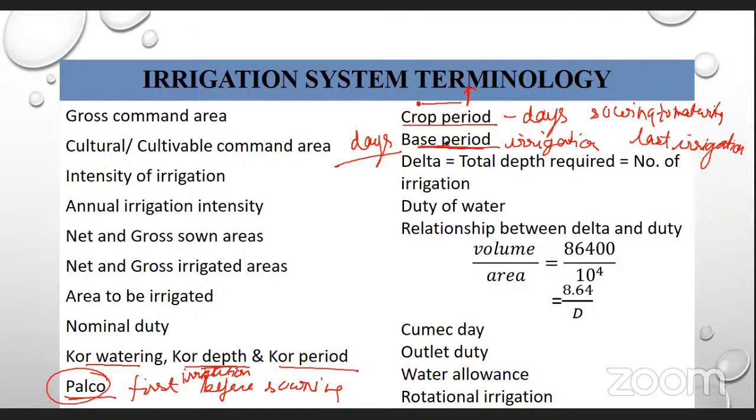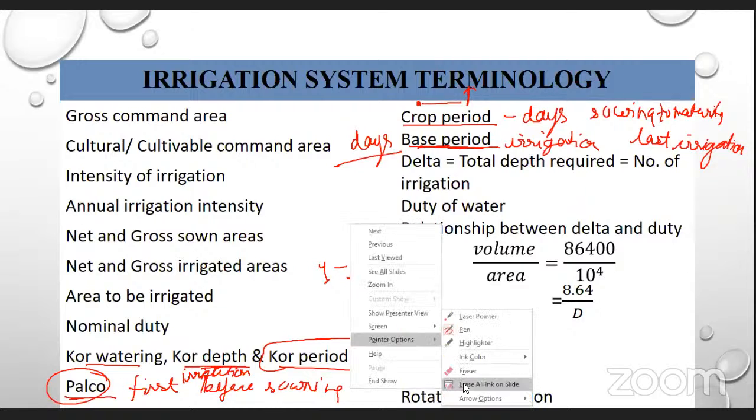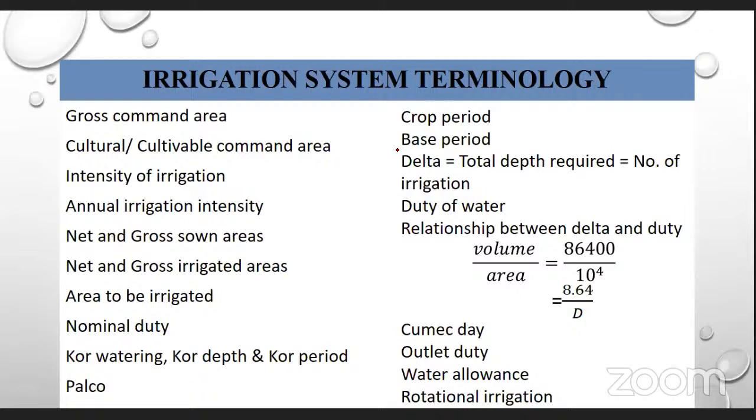And the crop period is the part of the period in one irrigation, meaning for how much time that irrigation is provided. I hope you have understood all these periods. I'm repeating once again, the base period includes the palco, the first irrigation we give for preparatory cultivation, for seed germination and seedling establishment, plus the last irrigation.